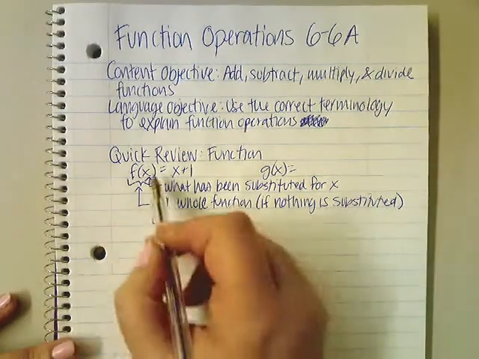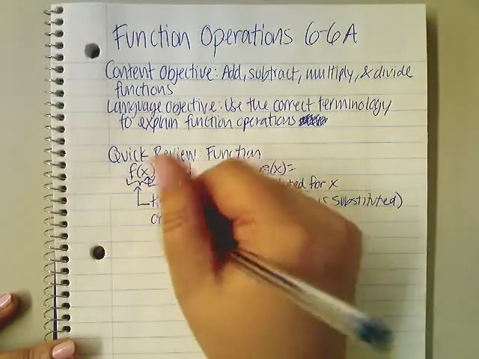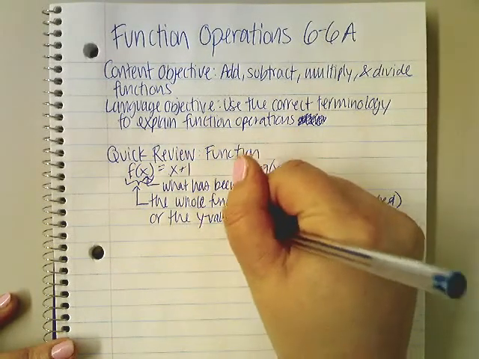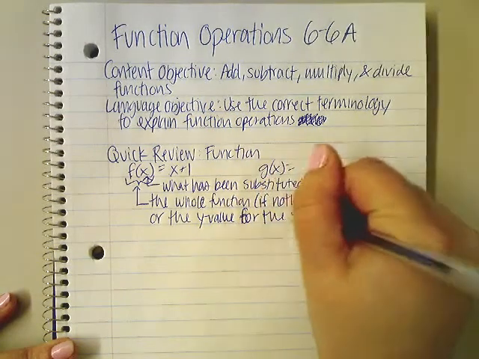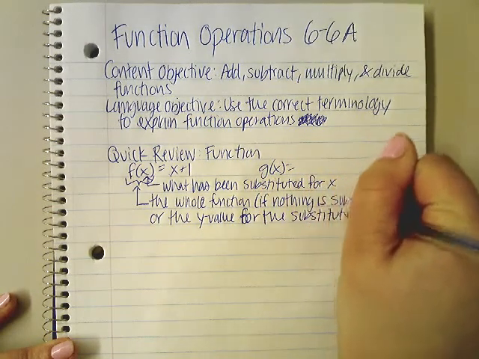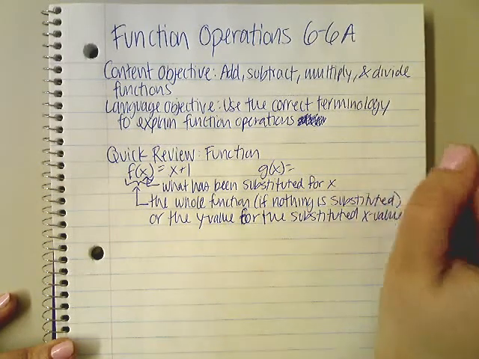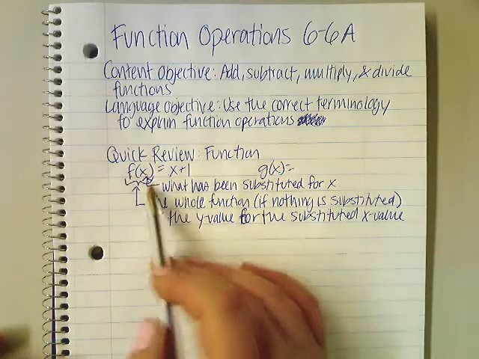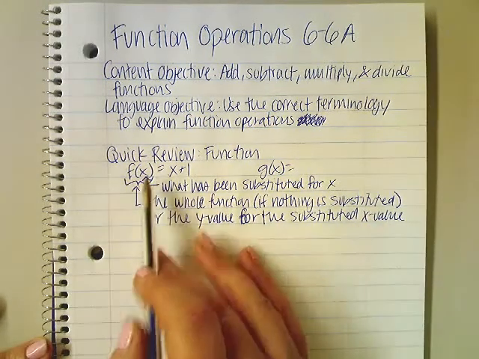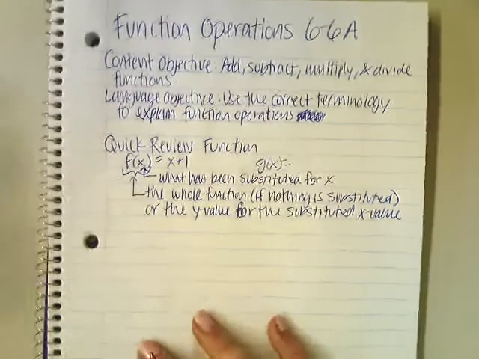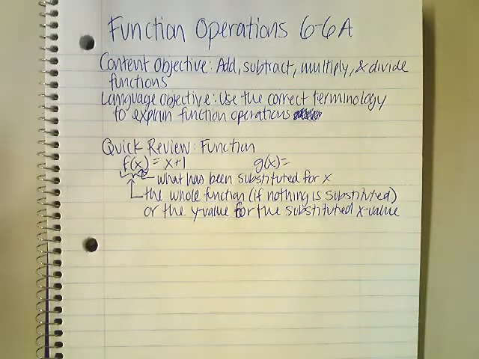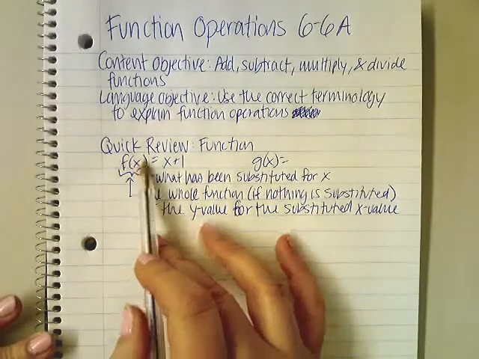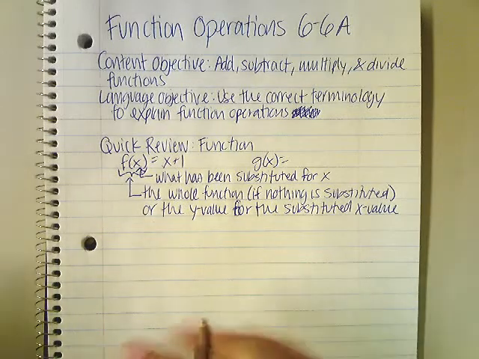And if you've plugged something in for x, then that would represent the y value that corresponds with the substituted x value. So if a number has been plugged in, it means the value you get when you plug in that number for x. So that's the second part. But if nothing has been substituted, then f of x represents the whole equation. The same thing applies to g of x. It's just a way of writing equations and denoting what you've plugged in for x, or writing the whole equation as just a whole equation.